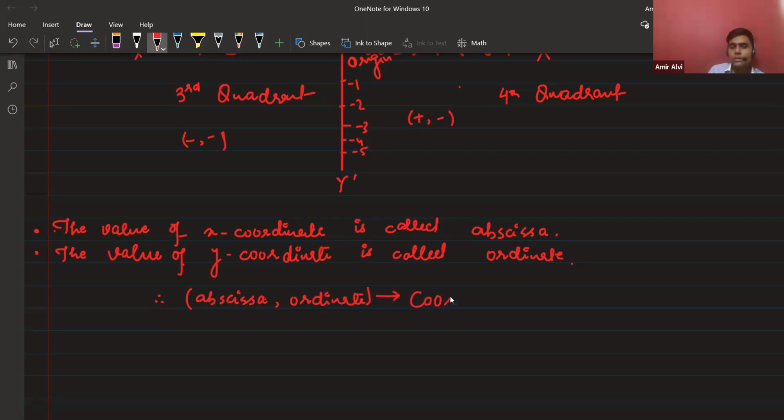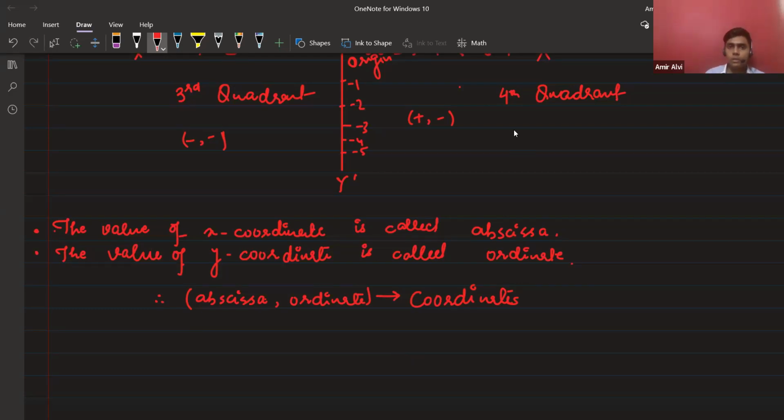This is called a coordinate. Is this clear, dear? Coordinates. Is this clear to you?